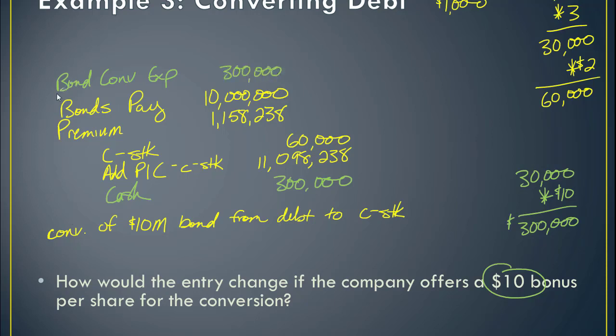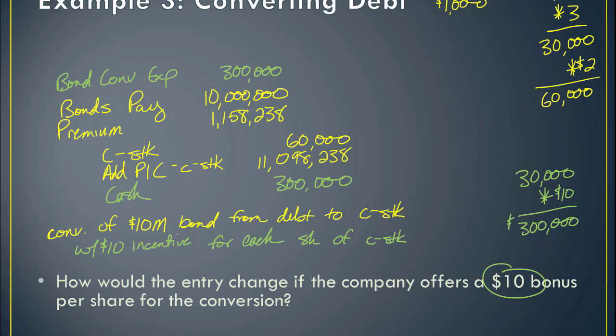The only other thing I'd need to do would be to add to my description with a $10 incentive for each share of common stock. And incentives can be per share of stock, they can be per bond, they can be however they want to do it.